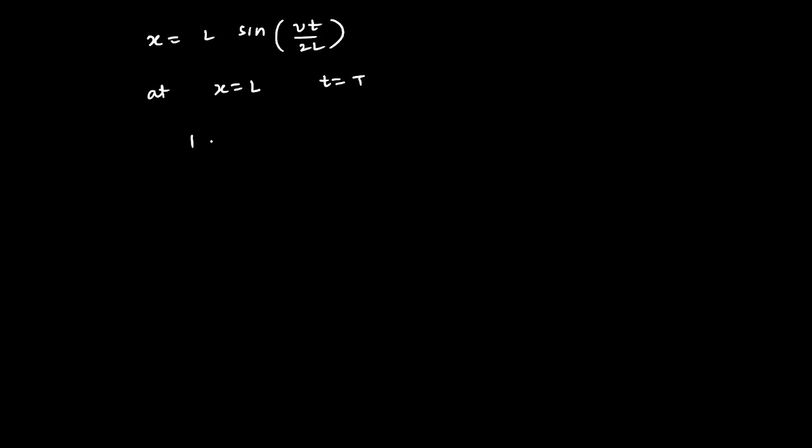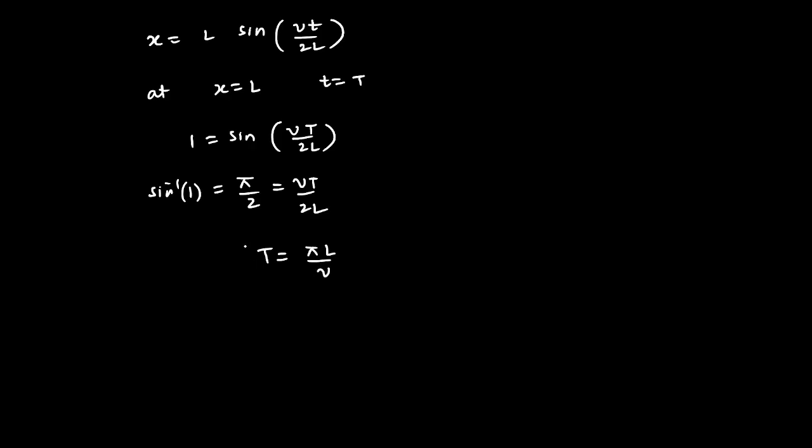So we have sine of V T by 2L equal to 1. Sine inverse of 1 is pi by 2, so V T by 2L equals pi by 2, so T equals pi L by V. This is the time after which it's going to stop moving relative to the platform or BC combination.